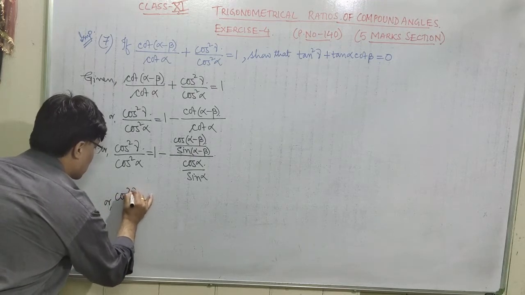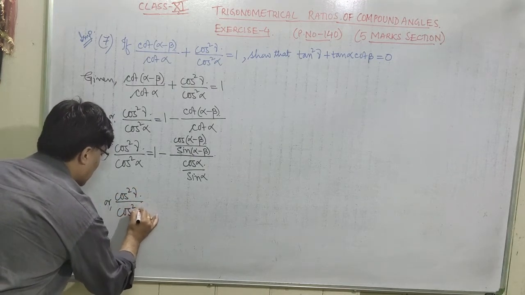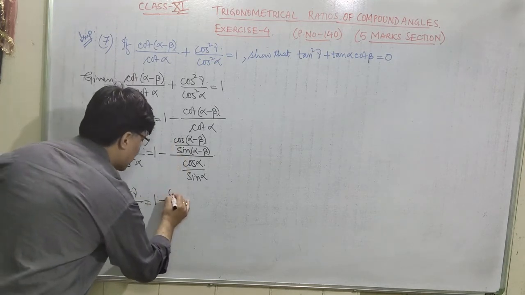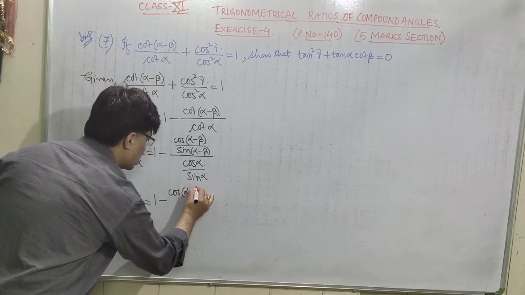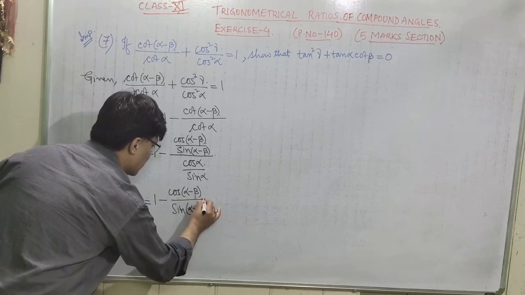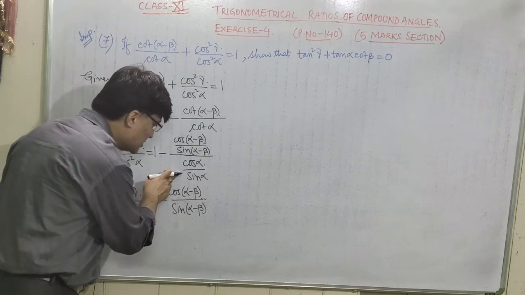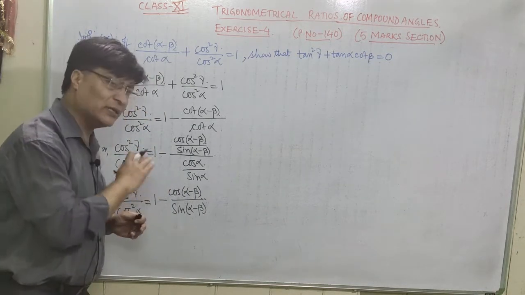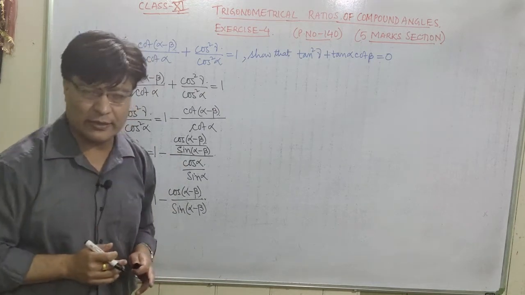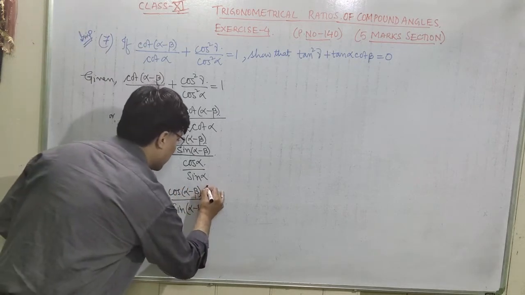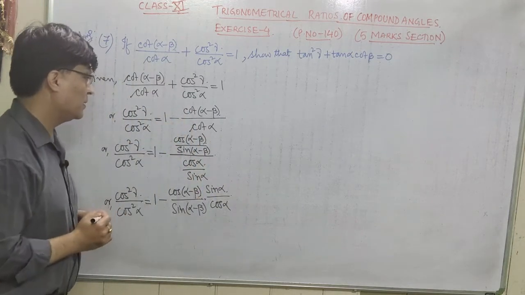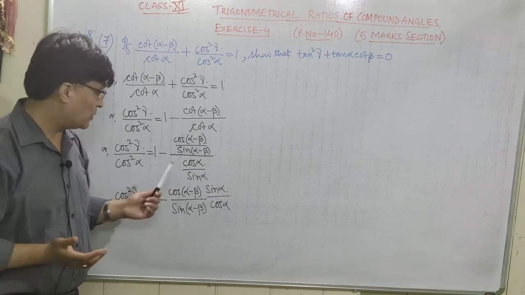Cos square gamma divided by cos square alpha is equal to 1 minus cos of alpha minus beta divided by sine of alpha minus beta, dot. When the fraction in the denominator goes up in the numerator, it becomes upside down. So we can write here sine alpha divided by cos alpha. Is that clear now?